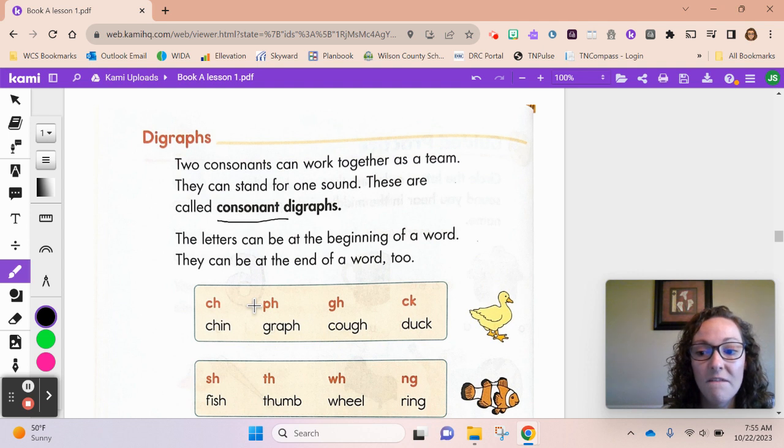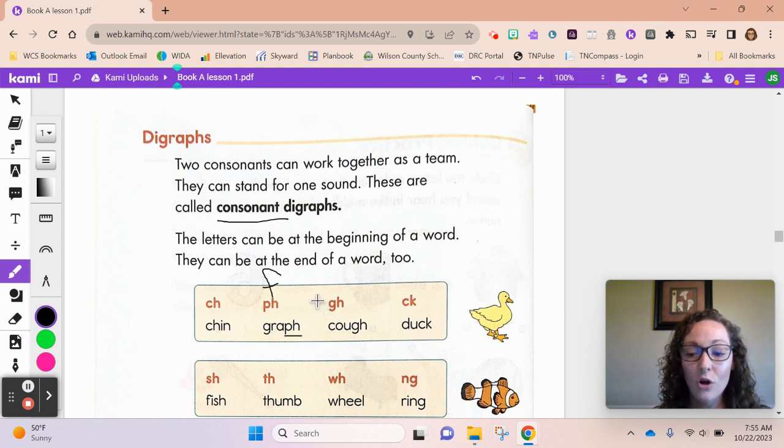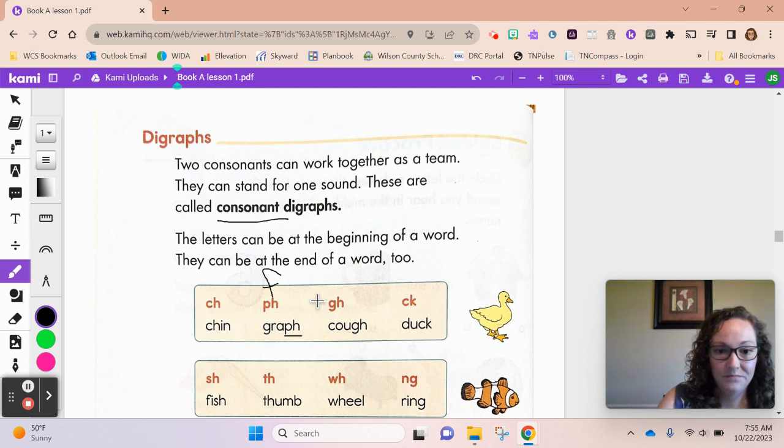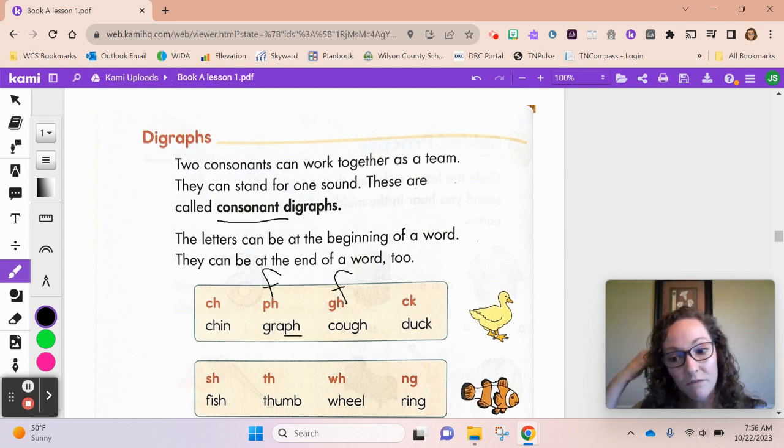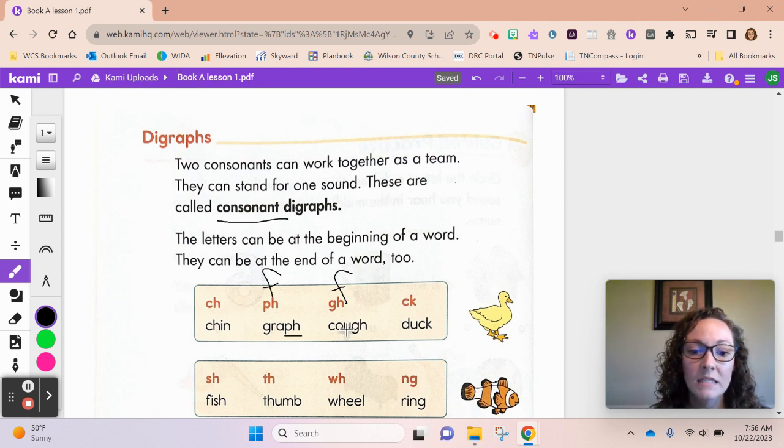PH says f, like the letter F. And in this case, graph, like what you use in math class when you have to plot a line, you have to put it on graph paper. Now, GH also says f. So I'm putting the letter F above it so that it reminds me that that's the sound it makes when you put it together. In this case, this word is cough, like when you're sick, cough.